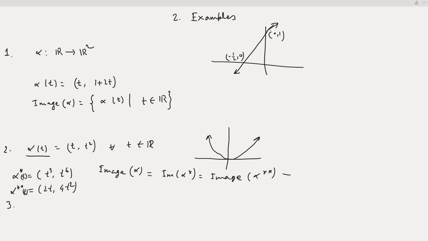So all of these are parabolas and have the same picture.